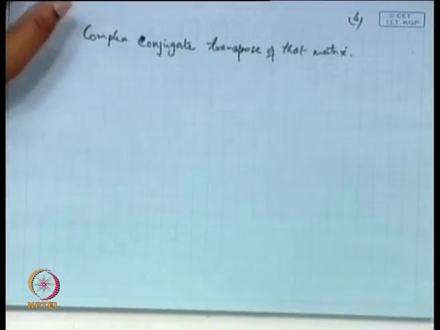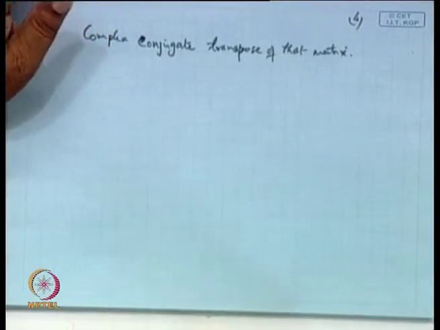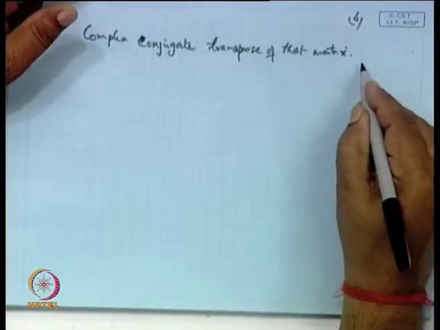Is it okay? So this is what we get, the representation of a Hilbert adjoint operator in terms of the matrix. Clear?